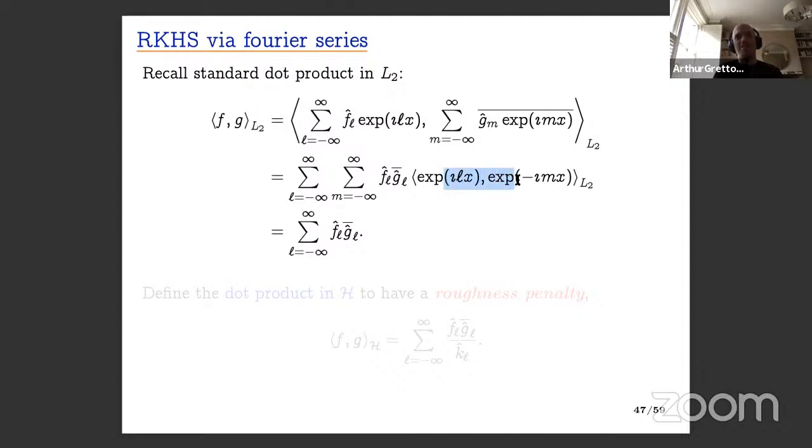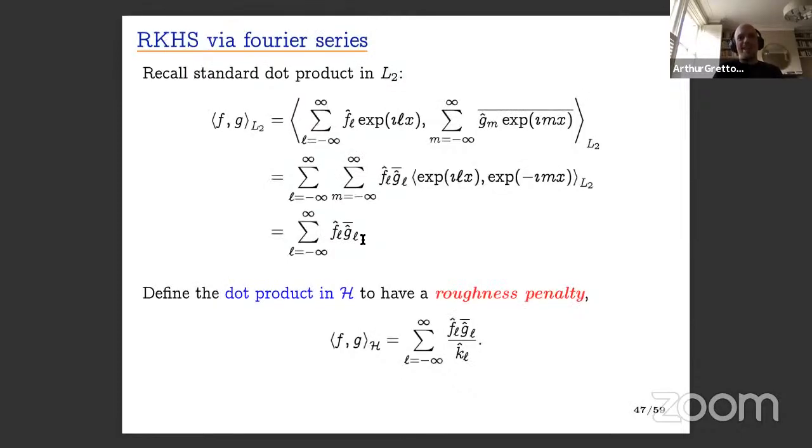And so these are 0 unless L equals M, in which case they're 1. So that means that the double sum becomes a single sum, the sum of f hat L and g hat L with the bar on top. Okay, so that is the standard dot product of two functions which have a Fourier representation.